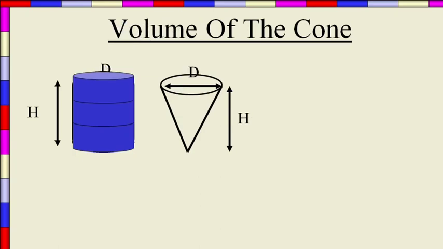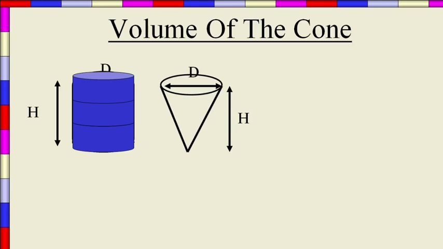So as you can see, we use a cone of same diameter and height as the cylinder to pour some substance from this cone to the cylinder, and we repeated this process thrice to completely fill the cylinder.